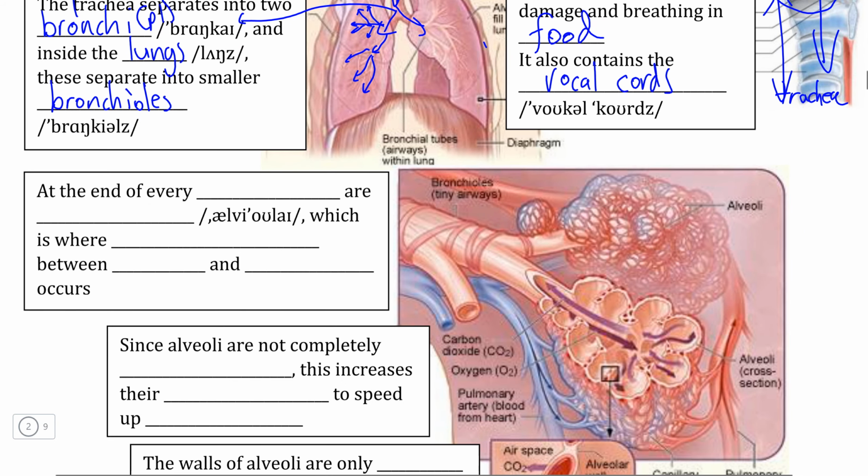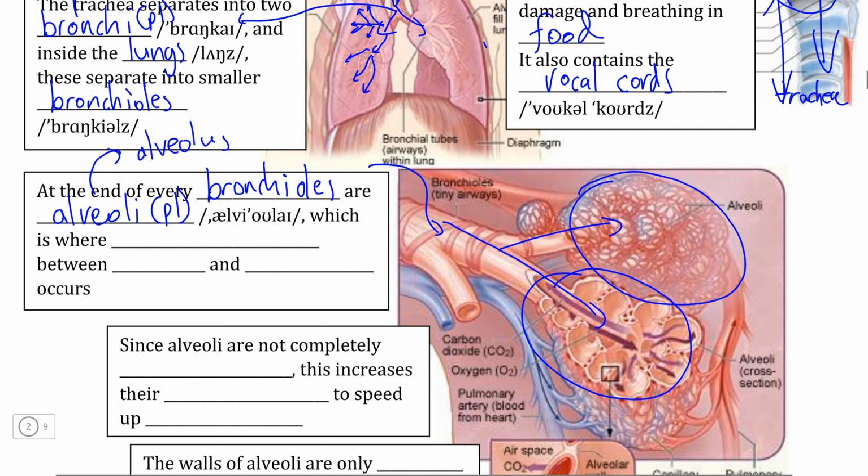So this structure here is one alveolus, and these two together are a pair of alveoli. And if we had to pick the most important structure of the entire respiratory system, this is it, or rather these are it right here, because this is the location where gas exchange between your lungs and between the capillaries in your blood occurs.